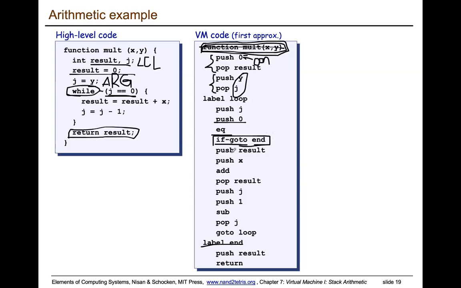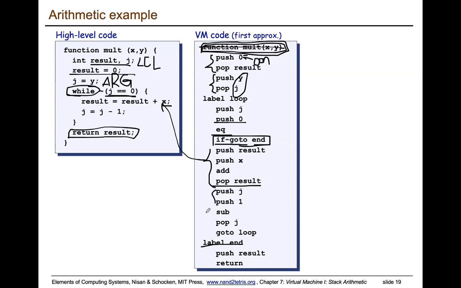Then we push result and push x, add x to the result, and pop into the result. This means I do result equals result plus x.